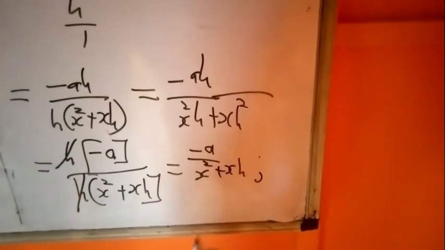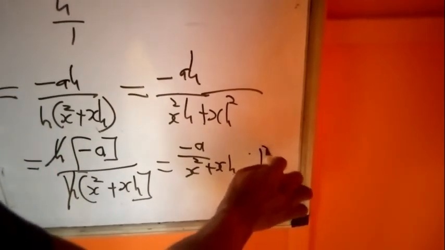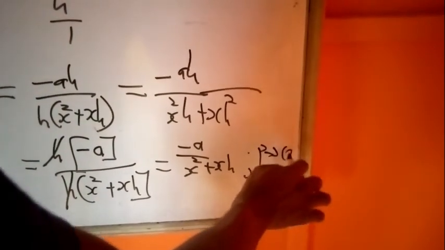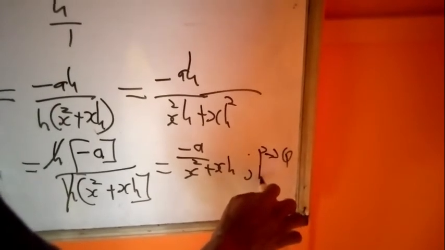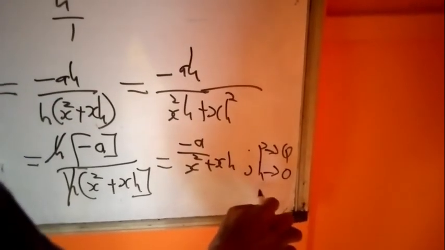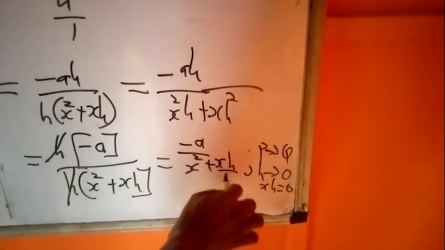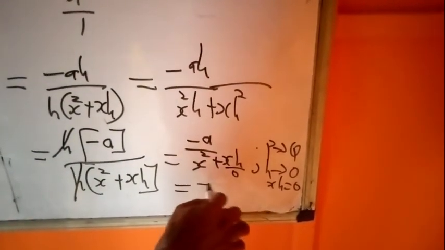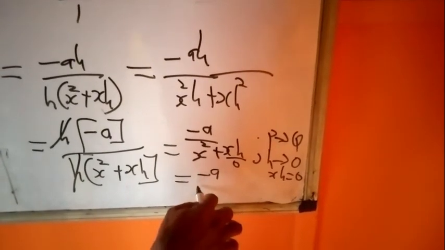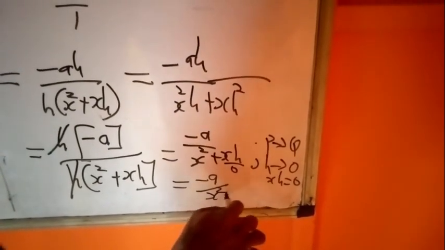Now, as P tends to Q, h tends to 0. Therefore, xh is equal to 0. What you have is minus a all over x squared.